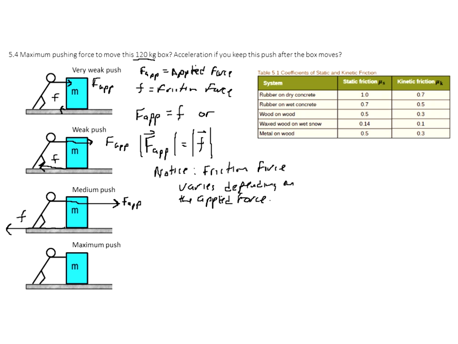So now the maximum push. Let's just say this is the person's maximum push. So this is the applied force, but it's the maximum. The idea behind this is, okay, what is the biggest push that can be exerted such that it overcomes this frictional force here?